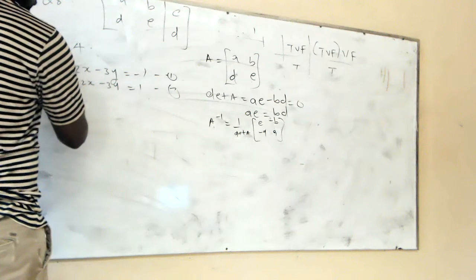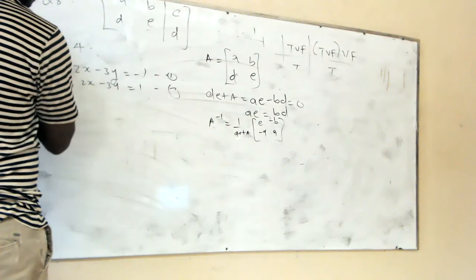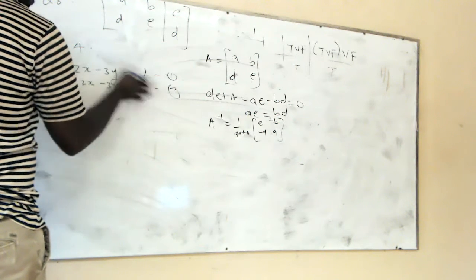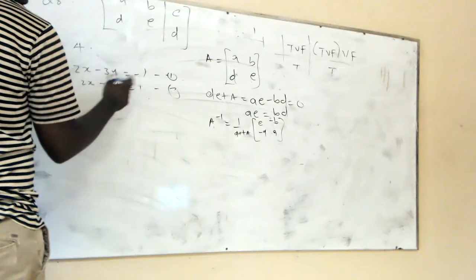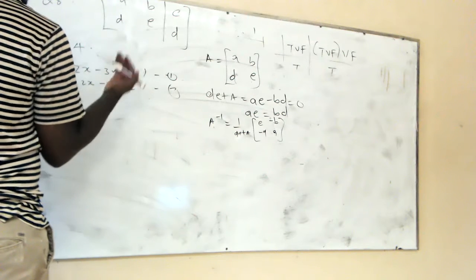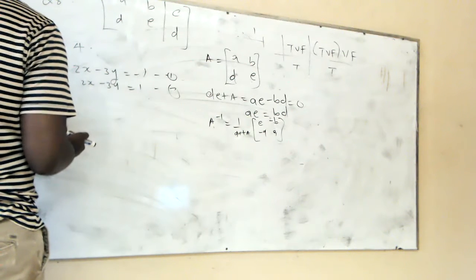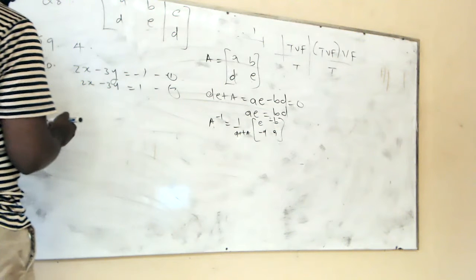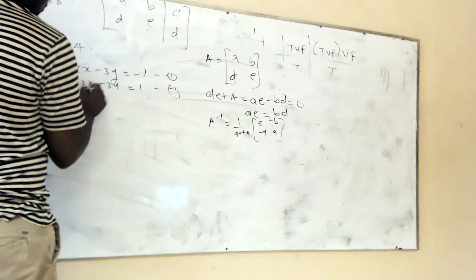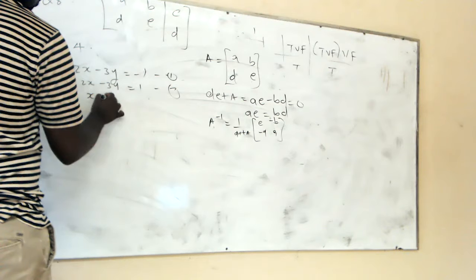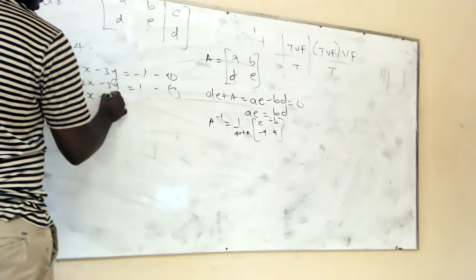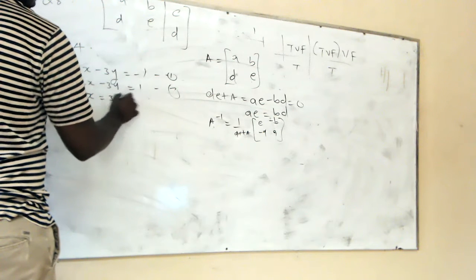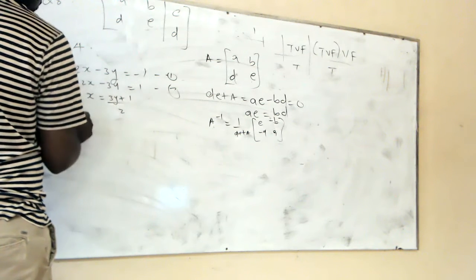Let's see what's going to happen. If we subtract these two equations, both variables are going to cancel. X and y are going to be 0. If we add, we're going to have the same situation. So let's see what we get for x and y. We're going to take everything to the side: x is going to be 3y plus 1 divided by 2. Substitute this into one of the equations.